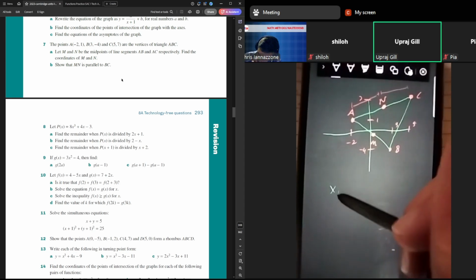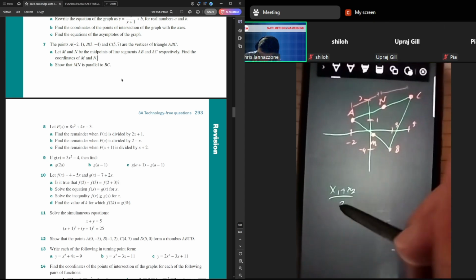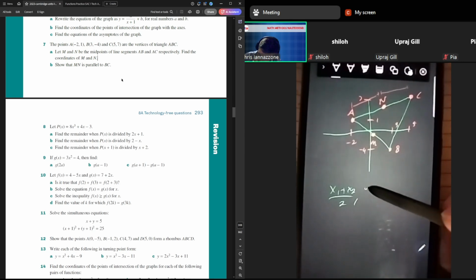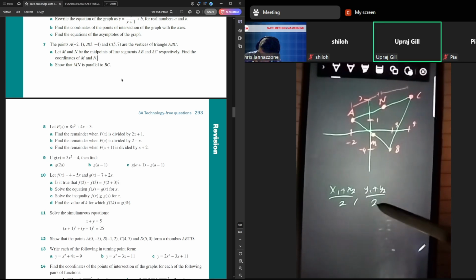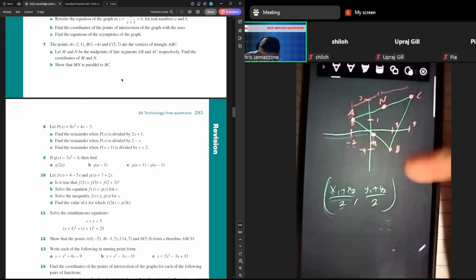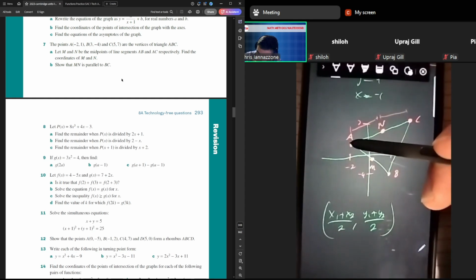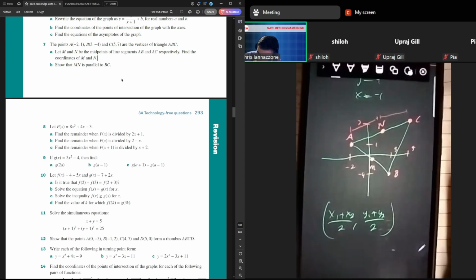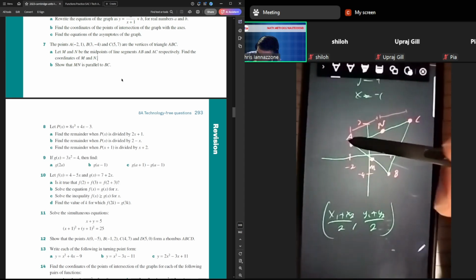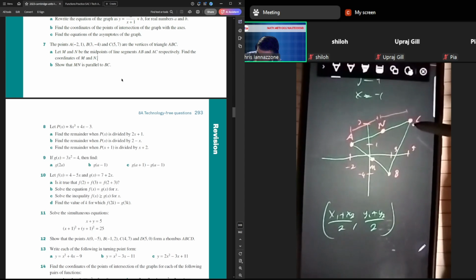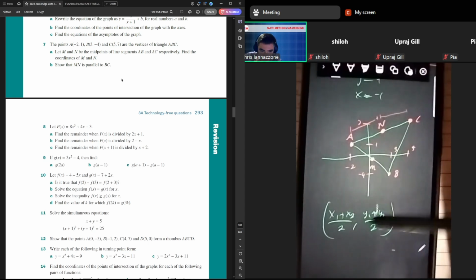X1 plus x2 over 2, comma y1 plus y2 over 2. Absolutely. So it can be helpful to define point A as x1, y1, and point C as x2, y2, and then that can allow you to make sure you don't get these back to front.